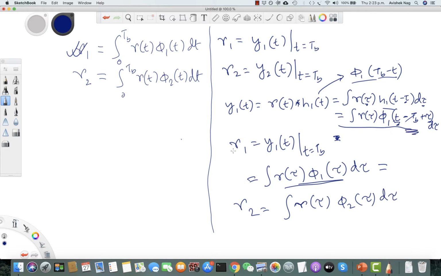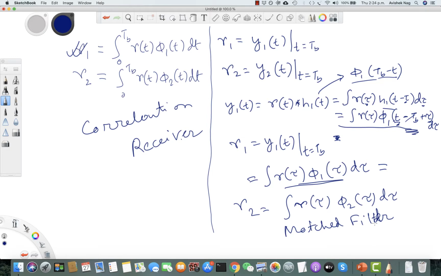So both sides are equivalent. This is the matched filter output, and this is the correlation receiver output.